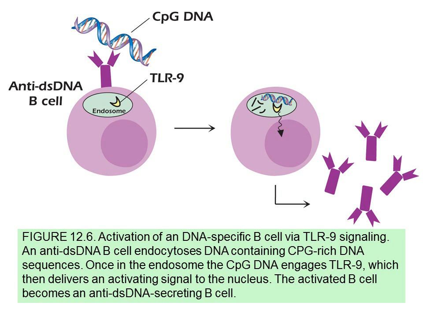Now, this is an example of the activation of a DNA-specific B cell via TLR signaling. You can see that there is DNA over here, and your cell will recognize that, and then it will produce an antibody against this DNA. The whole idea is that once that particular endosome is taken in, it will generate the activation signal, and you will make double-stranded DNA.